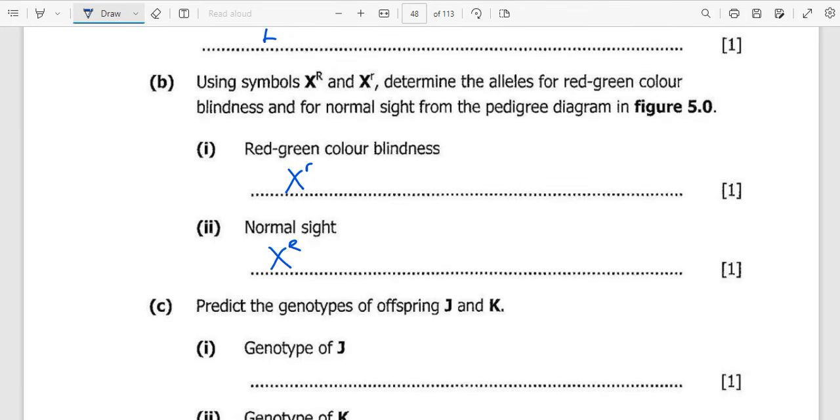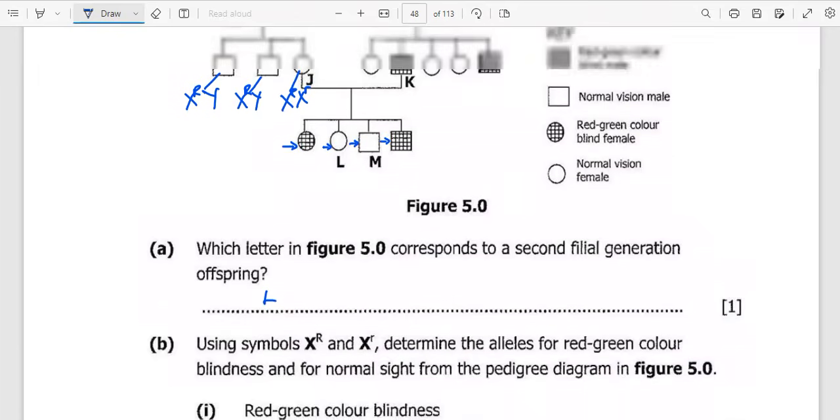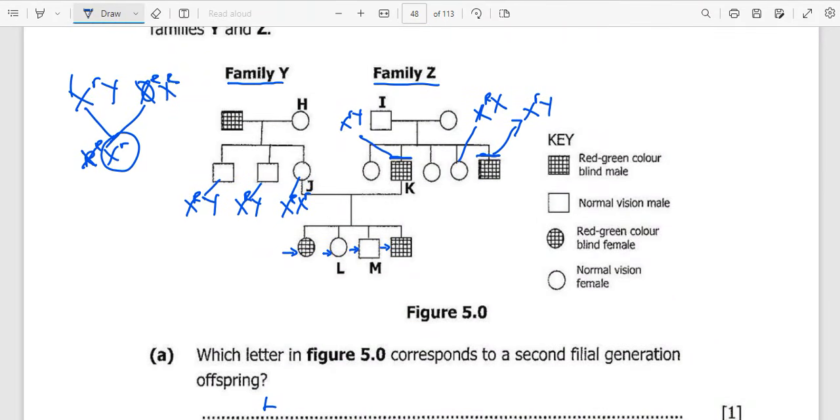So predict the genotype of offspring J and K. So we have J, where is J? We have J here, and then we have K. So we can predict this for J, and for K.